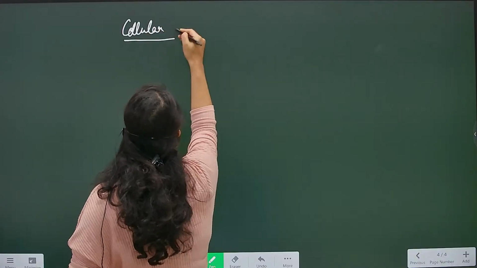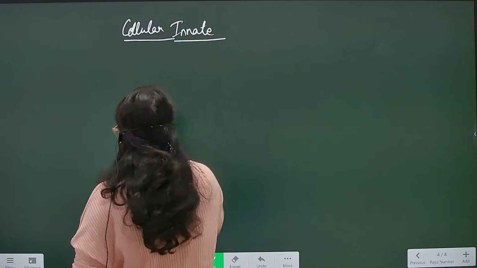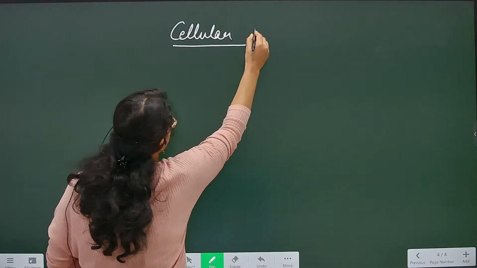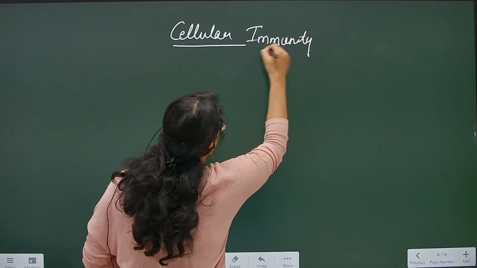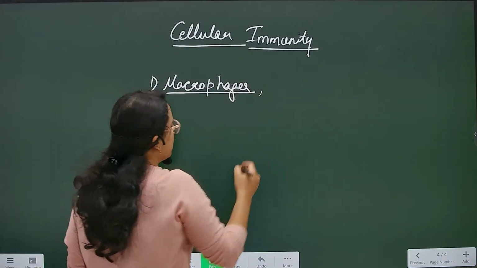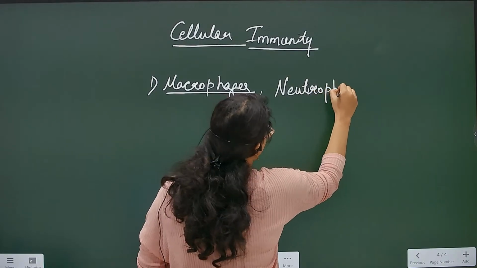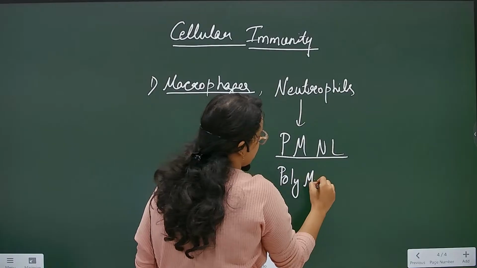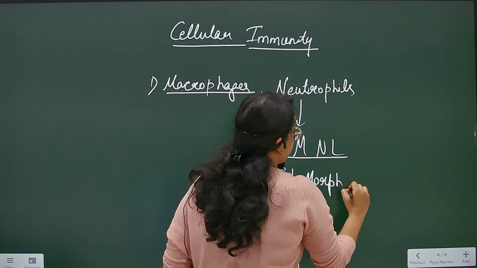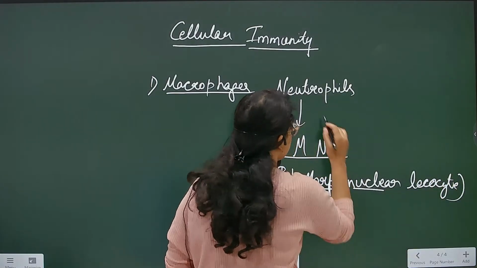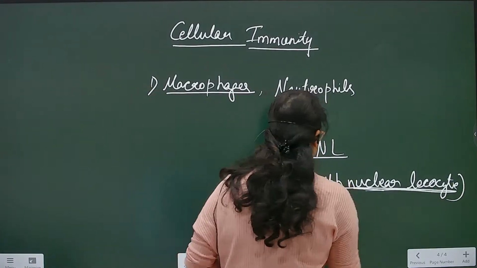which is very important. Cellular innate immunity. The cells which are responsible for immunity are macrophages, which you have learnt, and neutrophils. For neutrophils, the specific term used is PMNL, polymorphonuclear leukocyte. Polymorph means they have different structures: the nucleus has multiple lobes and the structure changes.